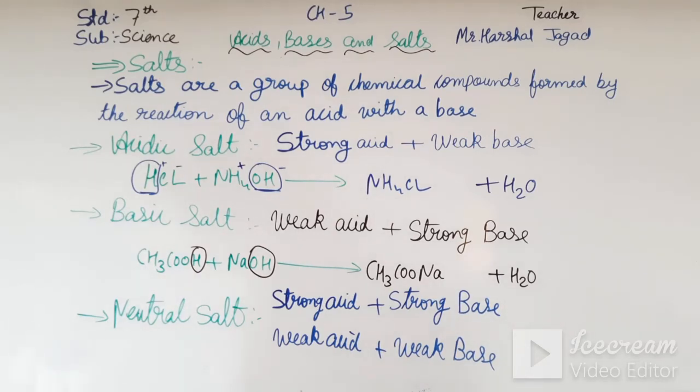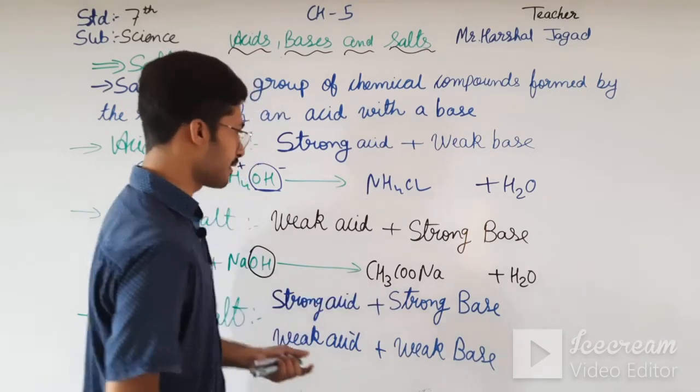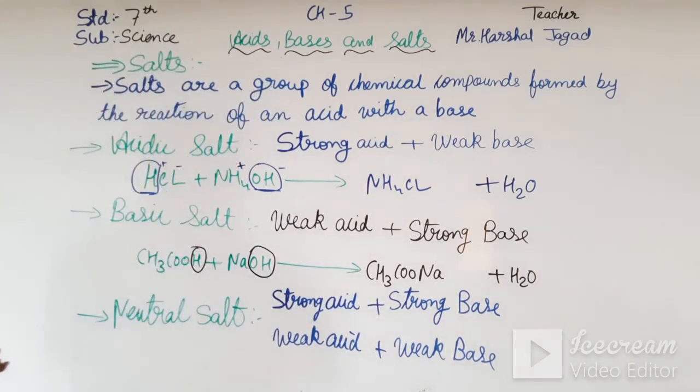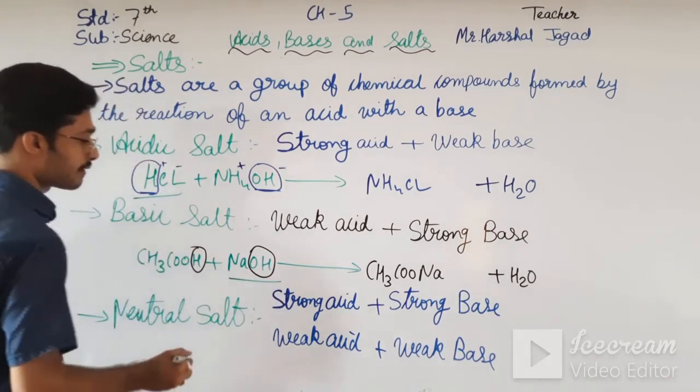Please note down this. And see here, strong acid, strong base, and weak acid, weak base. Let us take an example of it. First of all, strong acid, strong base. So here the strong acid is this and strong base is this.